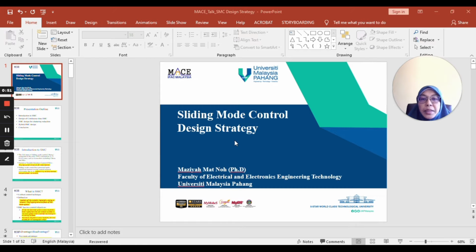I hope this sharing will benefit some of us who are still looking for how to design a controller using sliding mode control.